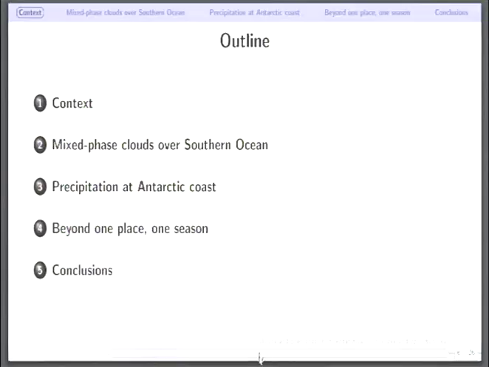So after this brief introduction about the context in which this phenomenon takes place and where we want to work, I'll spend a few minutes on the mixed phase clouds over the Southern Ocean, taking a case study to see the limitation of the model and what observations can help us to decipher in these complex processes. Similarly, for a precipitation case study on the coast at the Davis station.